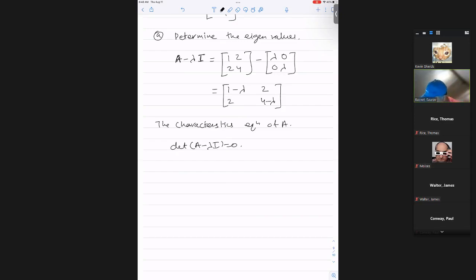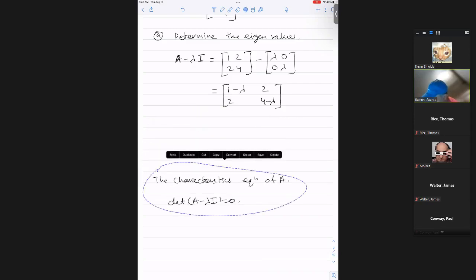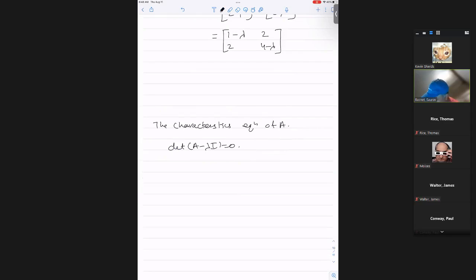So let me put it on another page. (1 minus lambda)(4 minus lambda) minus 2 times 2, which is 4, equals 0. 1 times 4 is 4, minus lambda, minus 4 lambda, plus lambda squared, minus 4 equals 0.